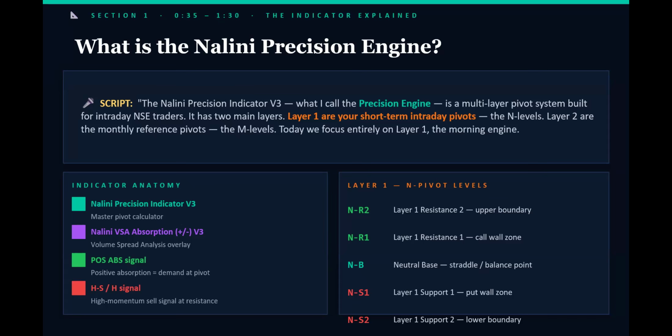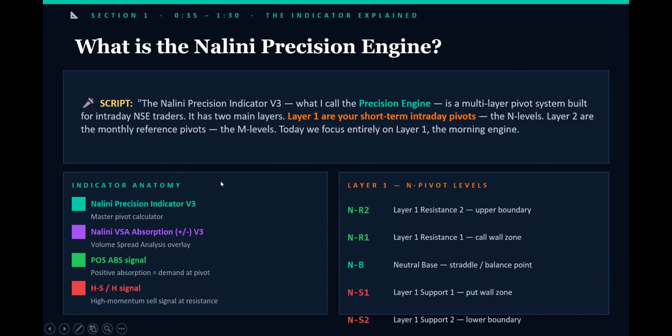It maps out everything in layers. Layer 1 are your short-term intraday pivots. They will map the whole day's levels because it takes these rolling pivots, takes the volatility into consideration and plots all these layers.